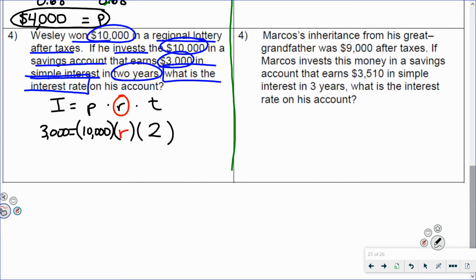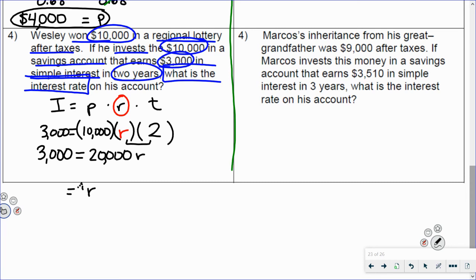But remember, please, that our goal is to find what R is. So let's go ahead and just look at this right side of the equation. Is there any way we can simplify it? Well, sure. We can actually change around the order of R and 2. Multiply 10,000 times 2 and you'll get 20,000 times R. But we don't want to know what 20,000 R's are equal to.